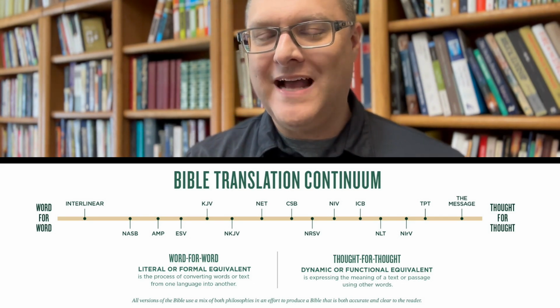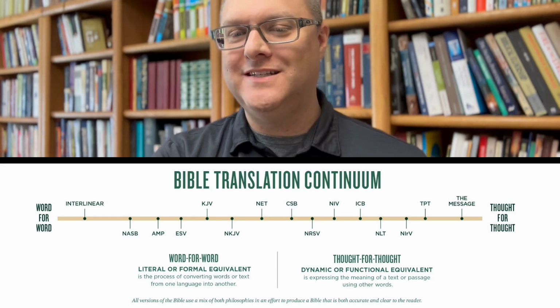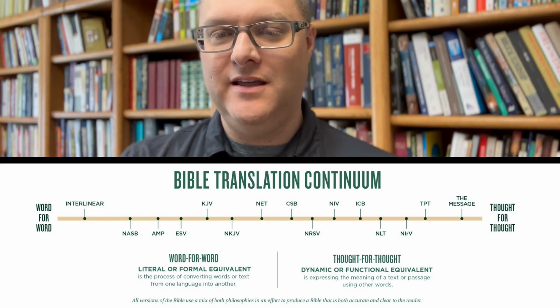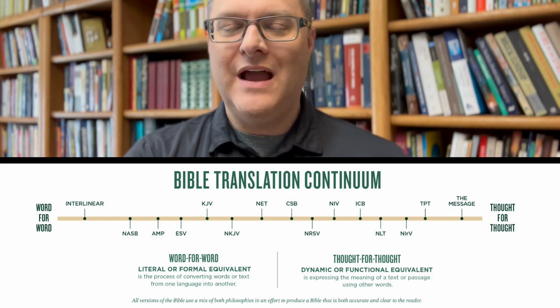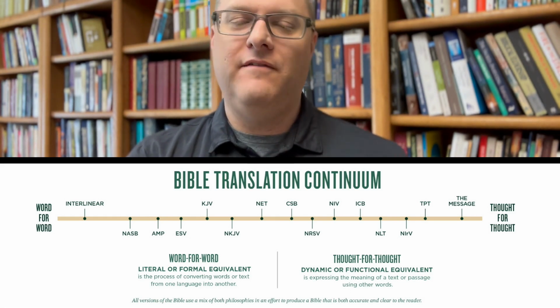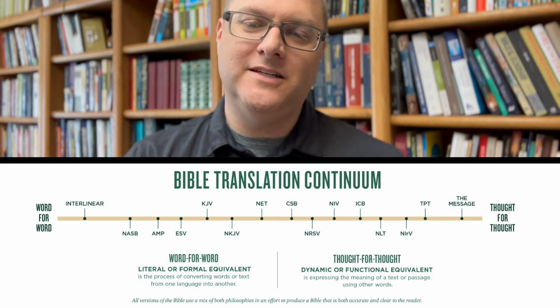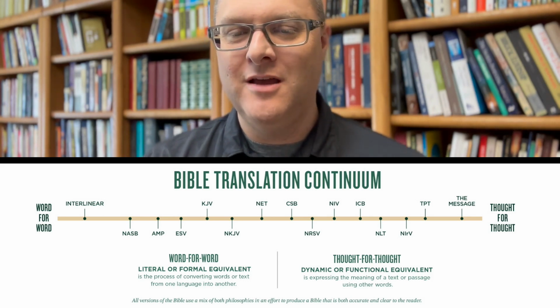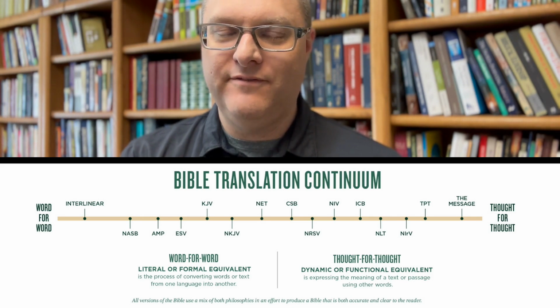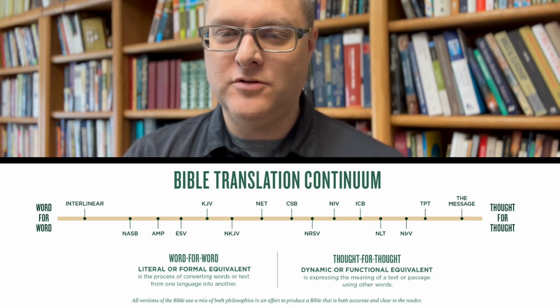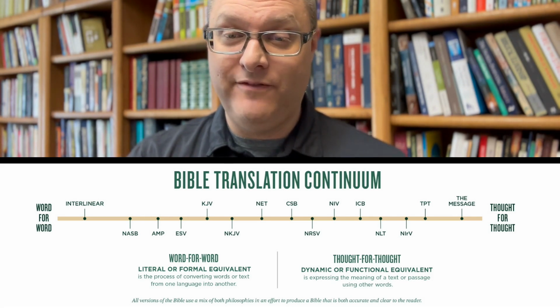Now, that has its advantages, but it also has its disadvantages. Obviously, the advantage is that you're seeing the exact words. However, the downfall is phrases might not make as much sense in English because of idioms and expressions perhaps they used in the first century that wouldn't make sense to us in the 21st century.